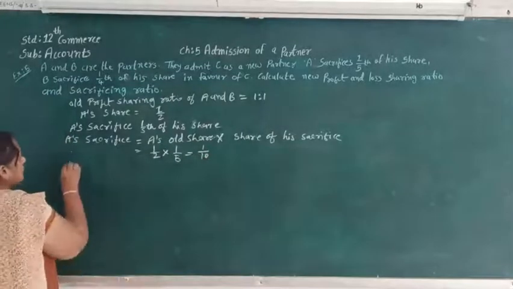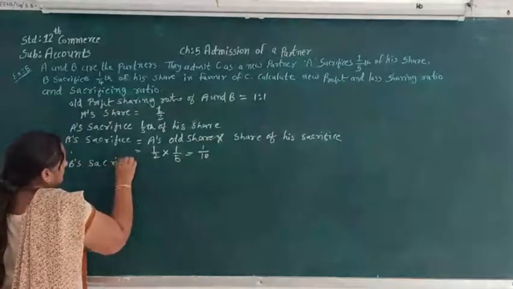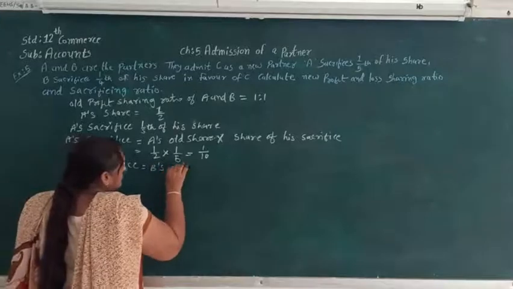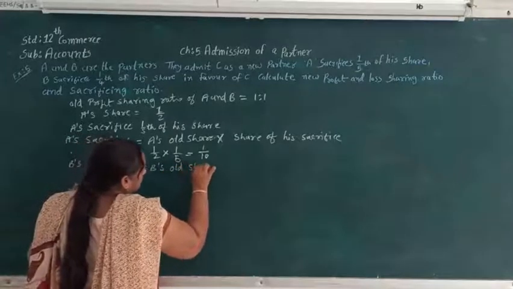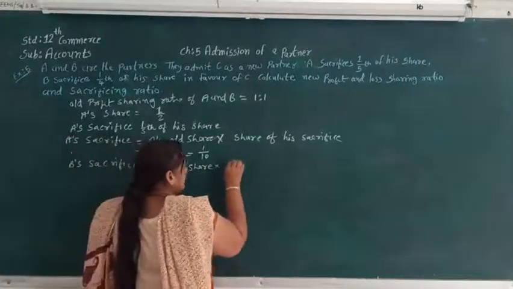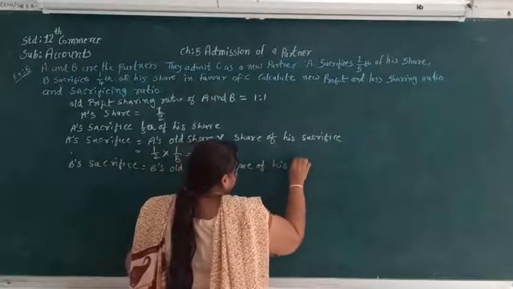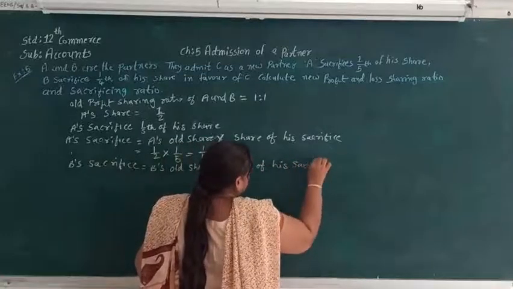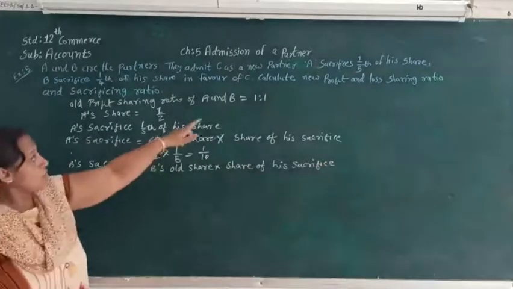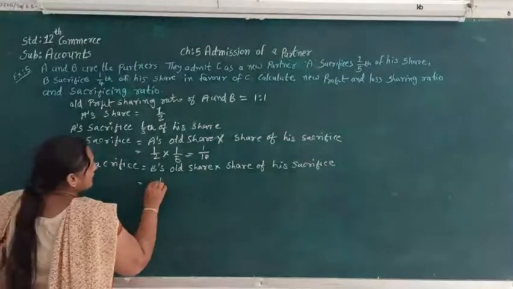In the same way, let's find B's sacrifice. B's sacrifice is equal to B's old share multiplied by the share of his sacrifice. Here again we can see that the old ratio is 1:1, which means B's share is again 1/2.